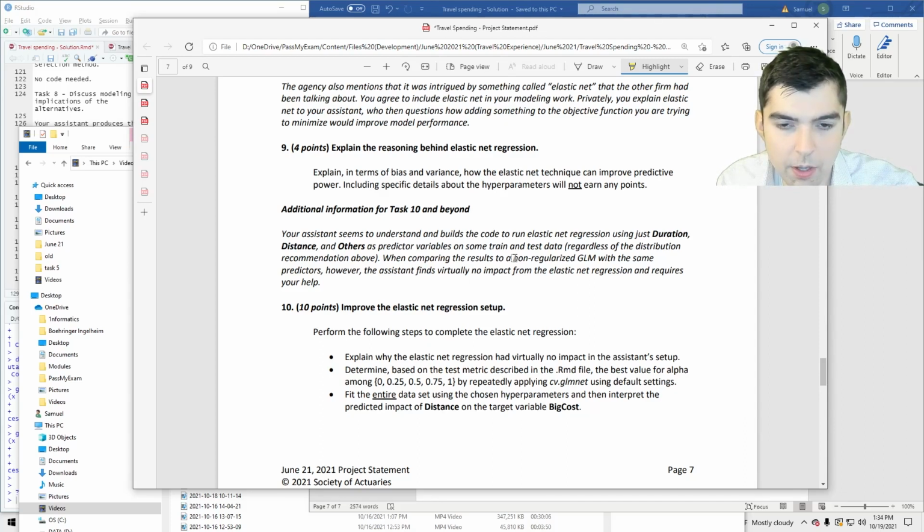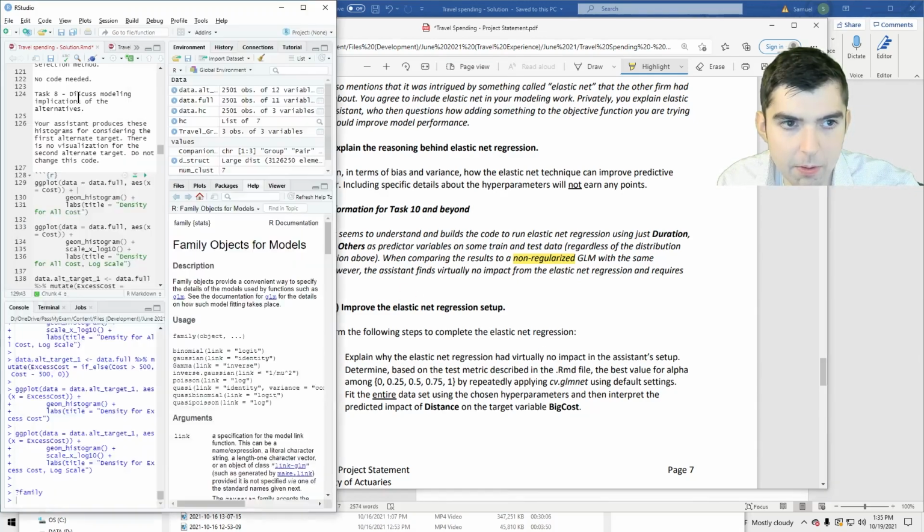Right, so they're running a GLM and then a GLM with the lasso penalty. Perform the following steps to complete the elastic net. Explain why the elastic net regression had virtually no impact in the assistant setup.